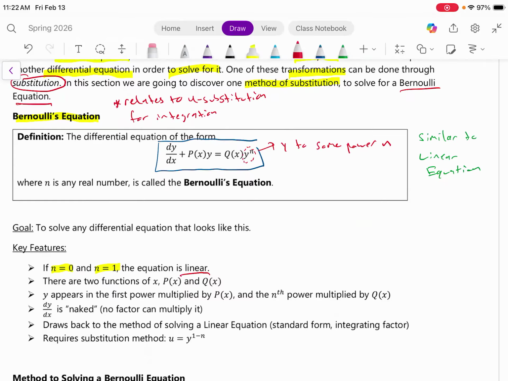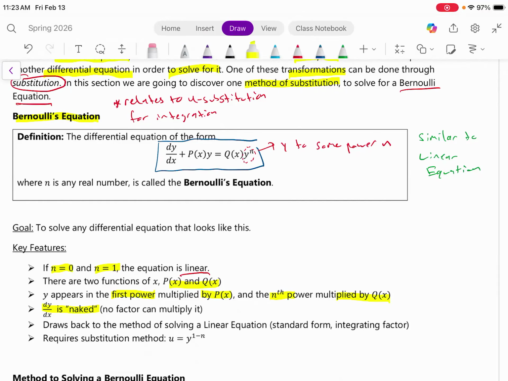There are two functions of x, p of x and q of x, so that's similar to a linear equation. y appears in the first power when that's attached to that p of x function, and the nth power when it's attached to that q of x function. So similar to a linear equation, our derivative dy over dx is naked. Nothing can multiply it. It has to be naked by itself.